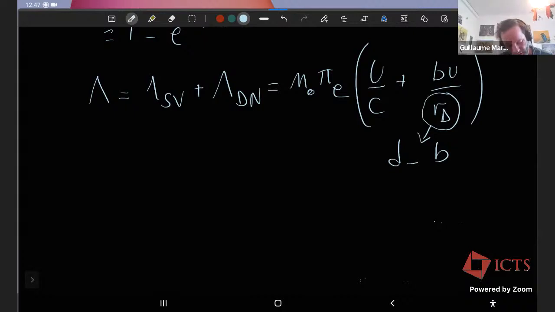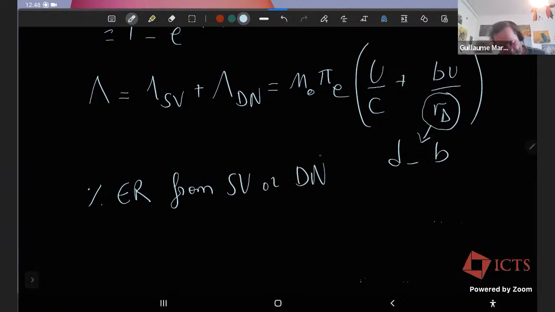And here, that would be the percentage of ER, evolutionary rescue, that is from standing variance or de novo. And that is just the ratio of the rates.